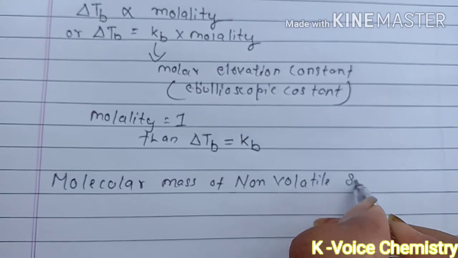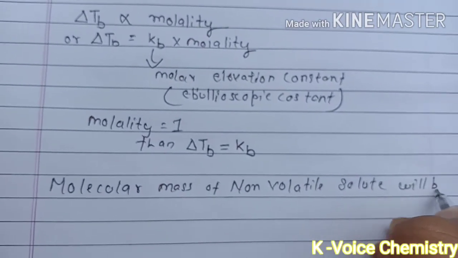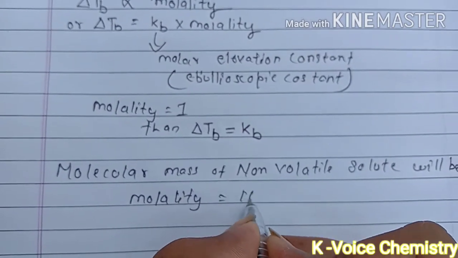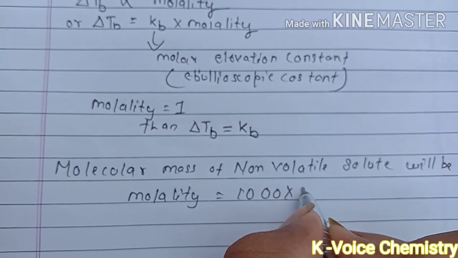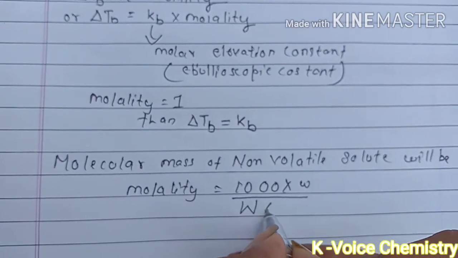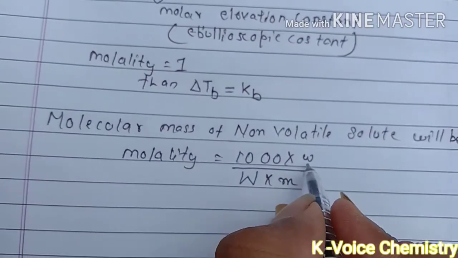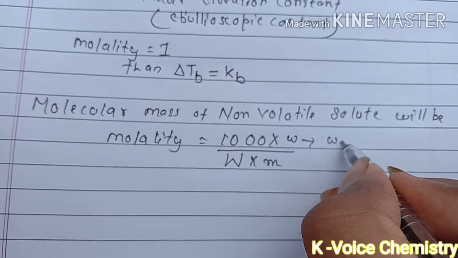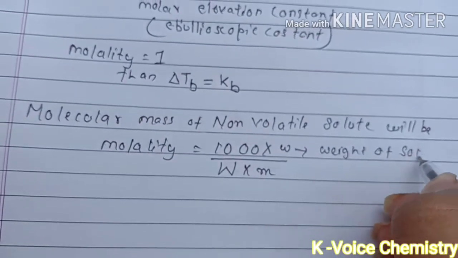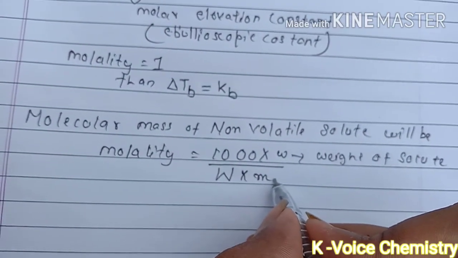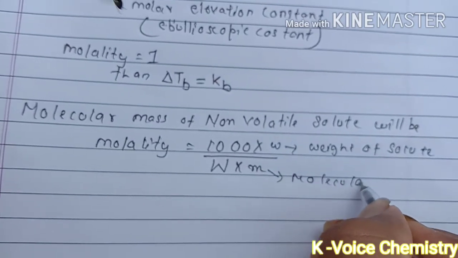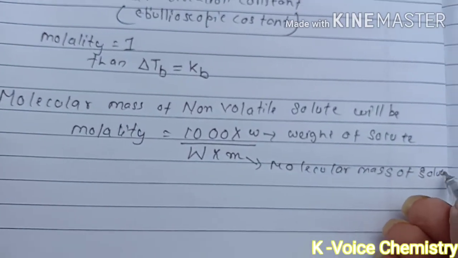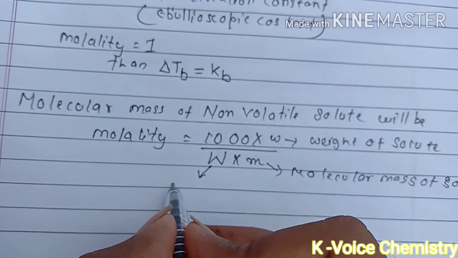By definition we know that molality equals 1000 into small w divided by capital W into small m. Here small w is the weight of the solute in grams, and this small m is the molecular mass of the solute. And this capital W is the weight of the solvent.